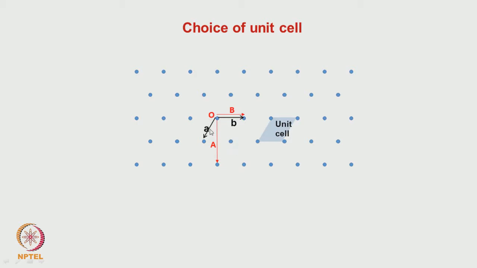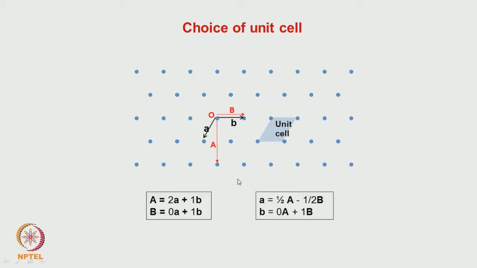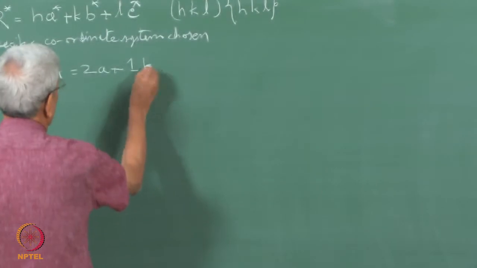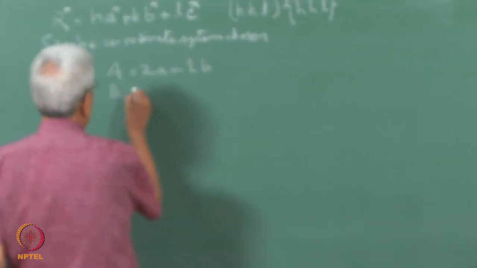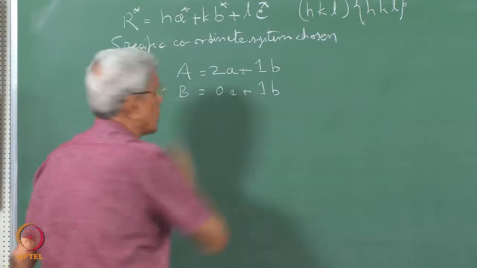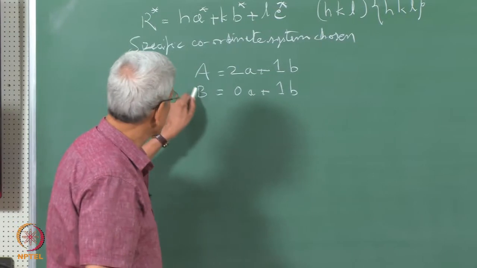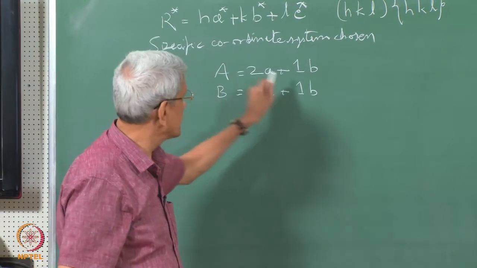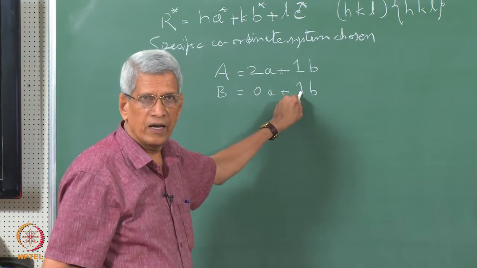In terms of the rectangular lattice parameters, we wanted to represent them in terms of the hexagonal lattice. How will we go about it? This A will be written as 2A plus 1B. B will be represented as 0A plus 1B. This is in terms of the rectangular lattice, and this is in terms of the hexagonal lattice.